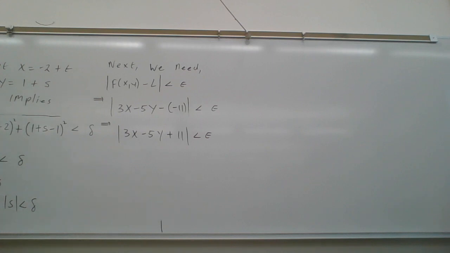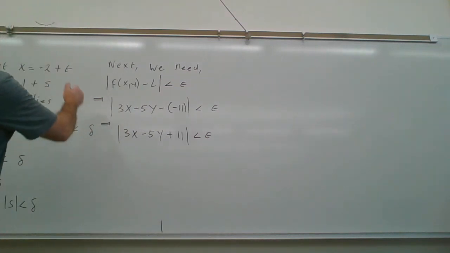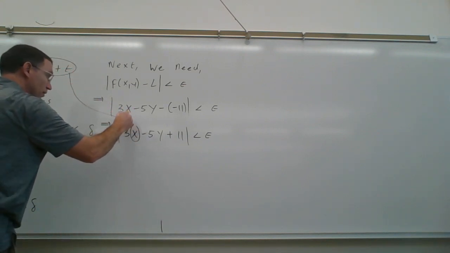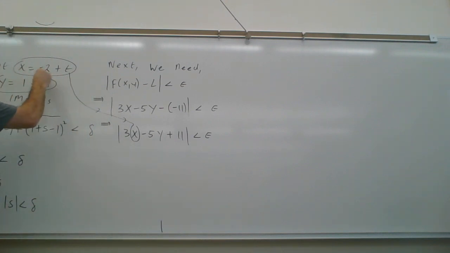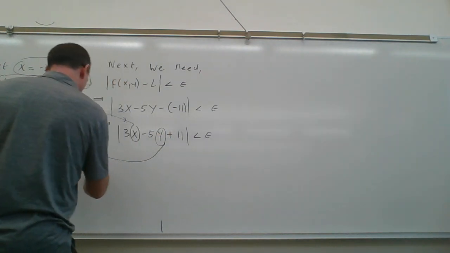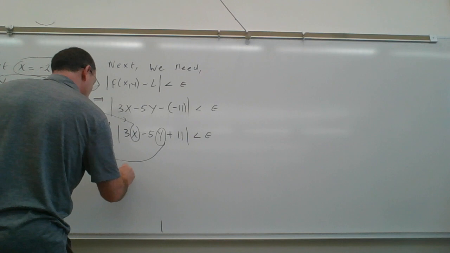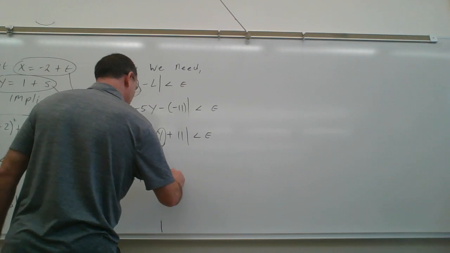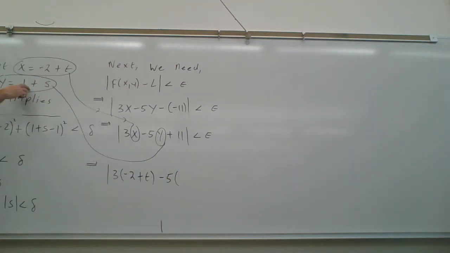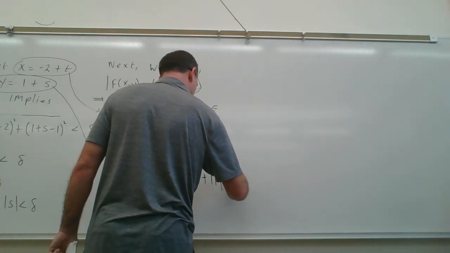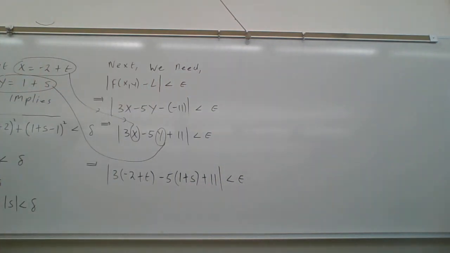So now we're going to make our substitutions for our x and y. Our x here was negative 2 plus t, which goes in place of x. And our y, 1 plus s, goes in place of y. So making those substitutions, we'll get 3 times (negative 2 plus t), and then minus 5 times (1 plus s), plus 11. This still has to be less than epsilon. Okay, so let's keep simplifying this.